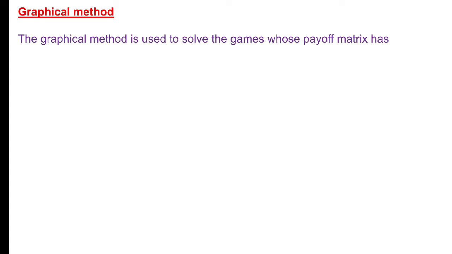Again I'll repeat, 2 rows any number of columns, or 2 columns any number of rows, 2 by n or m by 2. Once we bring it into that form, there is no need to bring it to 2 by 2 order.